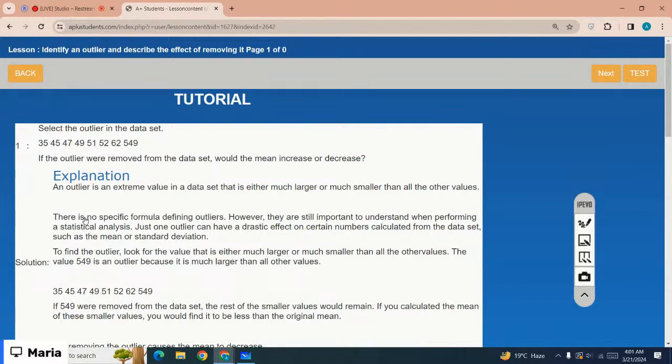But that last one, 549, is in the hundreds and much bigger than the rest of the values, right? So that is the outlier. If you calculate the mean without 549, you find it to be less than the original number. Got it?